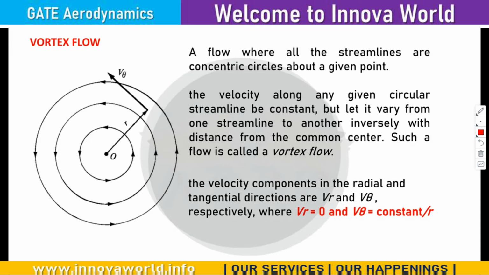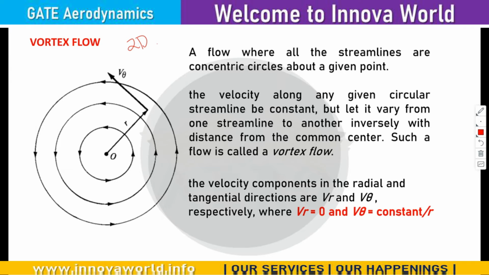Okay, next we have the vortex flow. What does it represent? Again, we are discussing 2D flow. It is a flow where all the streamlines are concentric circles about a given point.